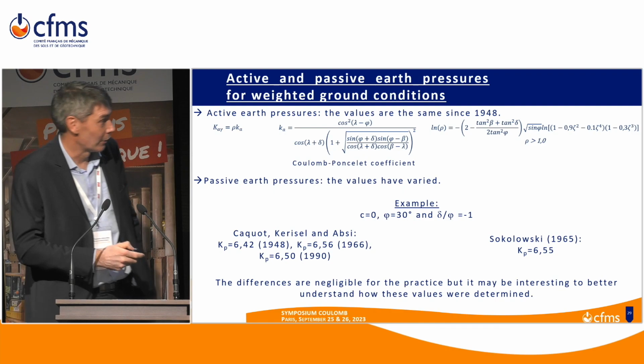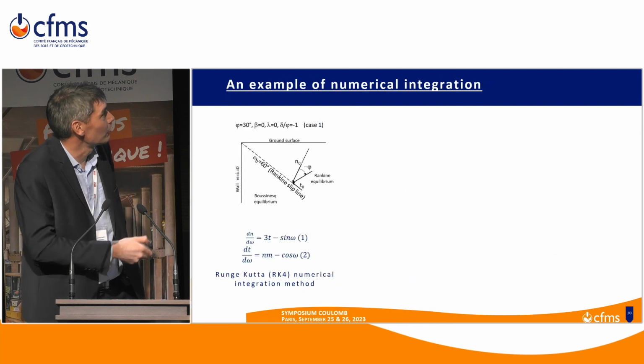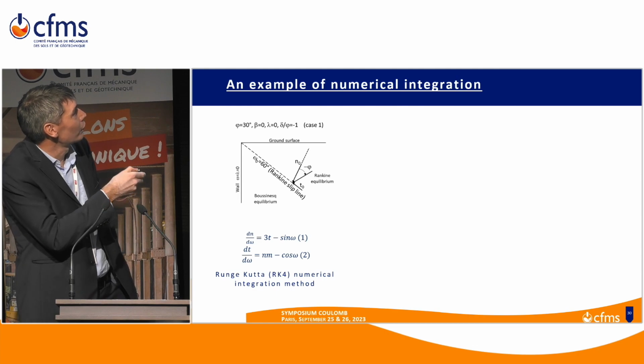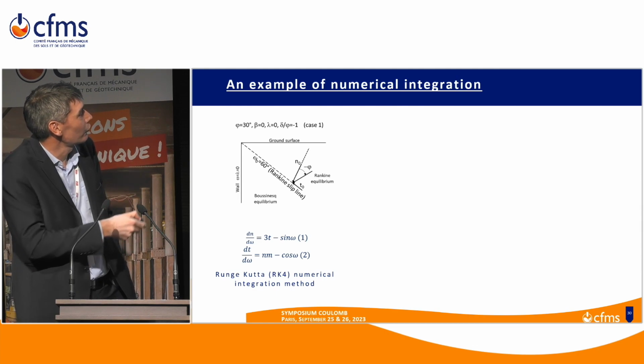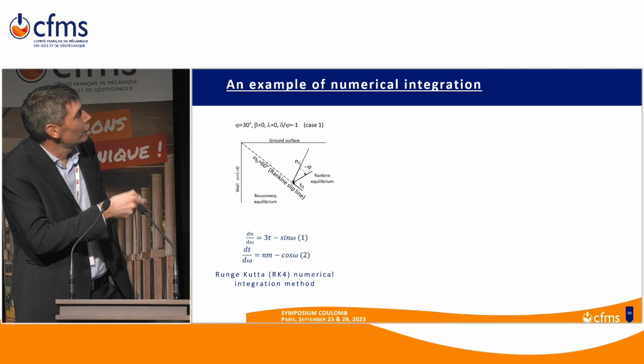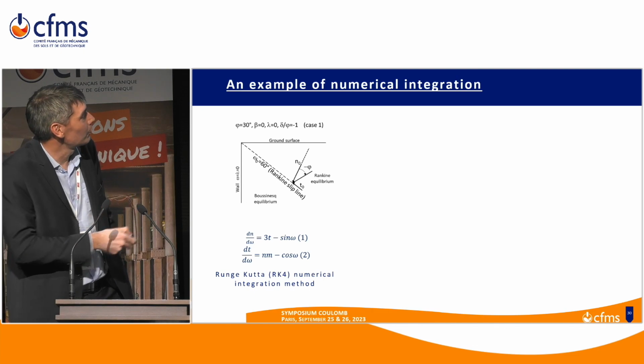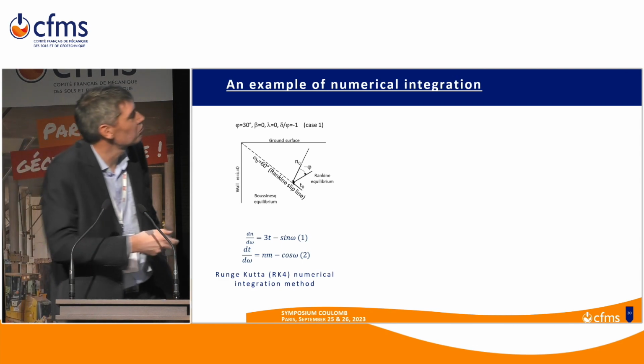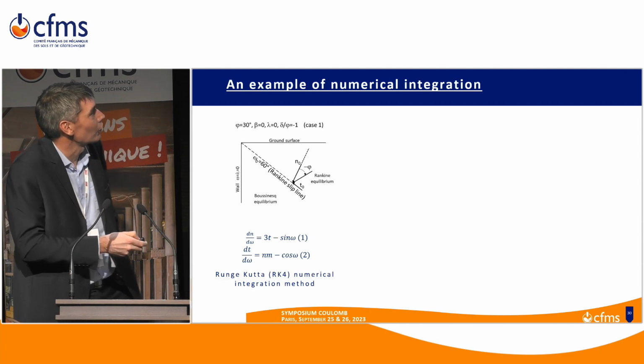but it may be interesting to better understand how these values were determined. So to do that, we can consider this first case, so with a vertical wall and horizontal ground surface, and we can consider these two equations proposed by Boussinesq, and now with the numerical integration method, it's easy to solve the equation.